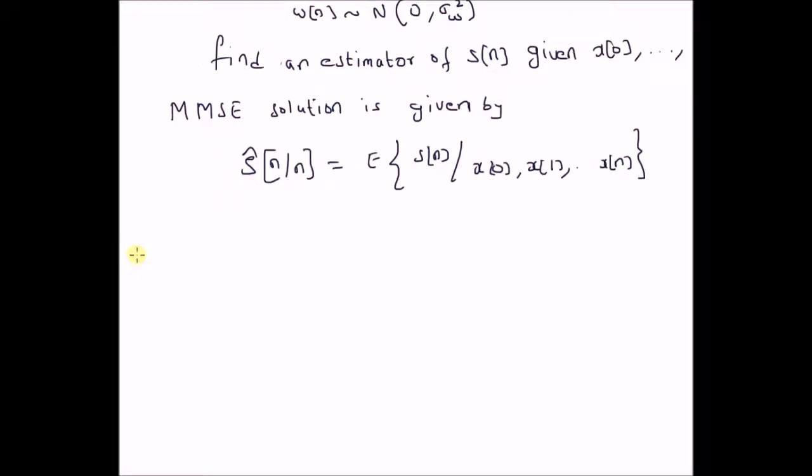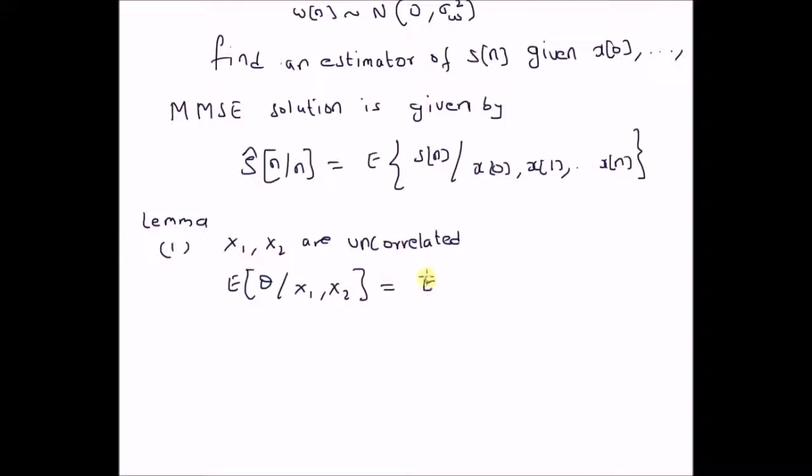In order to derive the Kalman filter, we are going to use several existing formulae, such as this one, where we have lemma 1: when x1 and x2 are uncorrelated, that is, two data points x1 and x2 are uncorrelated, then the expectation of the unknown parameter theta with respect to these two data points x1 and x2 is clearly equal to expectation of theta given x1 plus expectation of theta given x2, provided that the prior mean, that is expectation of theta without any observations, is equal to 0.